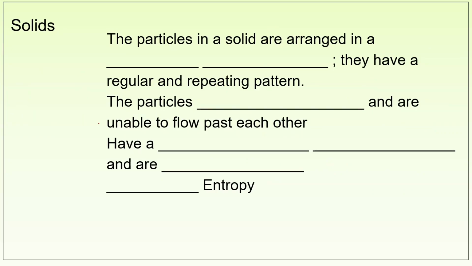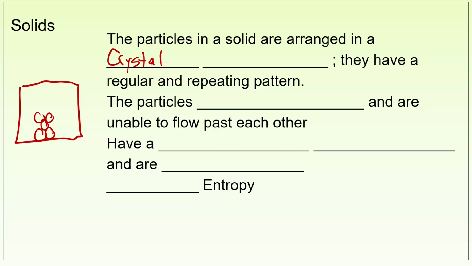All right, solids. Let's draw a particle diagram for a solid. All right, so solids, probably by experience, have a definite shape, right? You put it on a countertop, it's going to keep its shape because it's a solid. The particles in a solid are arranged in a crystal lattice, which is basically just a regular repeating pattern.